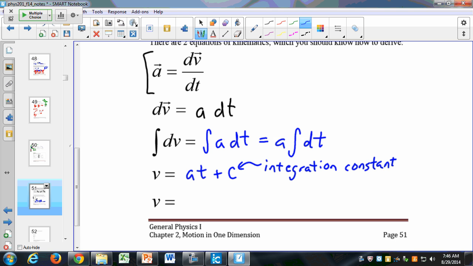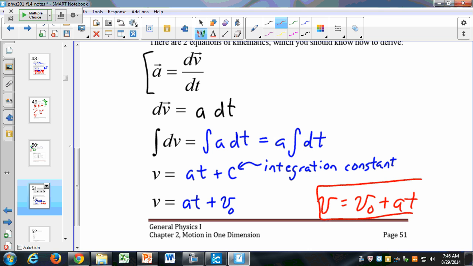So that's going to be our initial condition for the velocity, which is just going to be v naught. So it's at plus v naught. And that's going to be our first equation of motion. Usually when I write it, I'll write it like this. v is equal to v naught plus at. All right? And that's the first derivation.